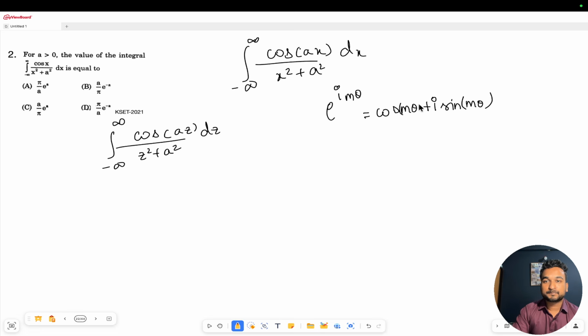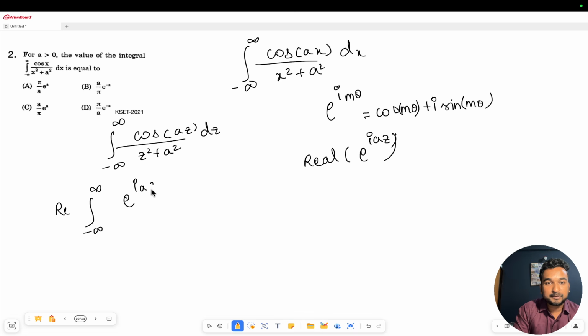So cos az is the real part of e to the power iaz. So you can write this as the real part of the integral from minus infinity to infinity of e to the power iaz upon z square plus a square dz.